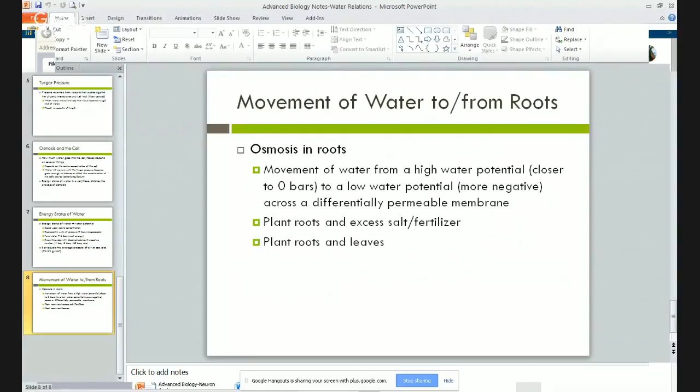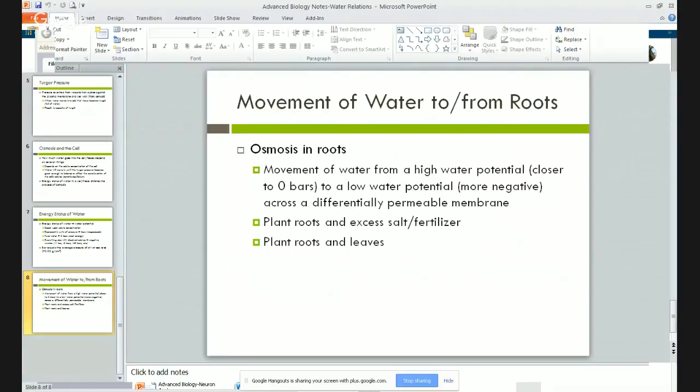So water would move from the soil into the epidermal cell, and then from the epidermal cell, because there's a difference between the epidermal cell and the cortical cell's water potential, with the cortical cell having the more negative number, water would then move from the epidermal cell into the cortical cell, because again, it's following that high water concentration to the low water concentration, or the low solute to high solute concentration.